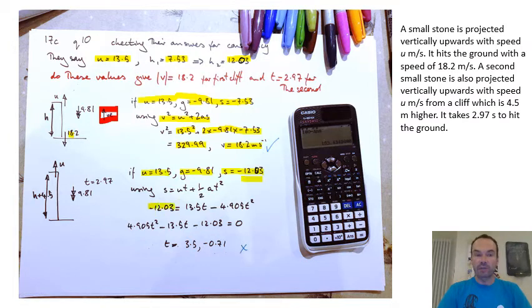If you put minus 12.03 there and 13.5 there and half of 9.81 there, that rearranges, that t-squared term becomes positive, the t term is negative, the constant term is still negative. Use the calculator and you get those two values. Neither of those is the 2.97 that the question suggested it should be. So for the second cliff, the answers don't agree.